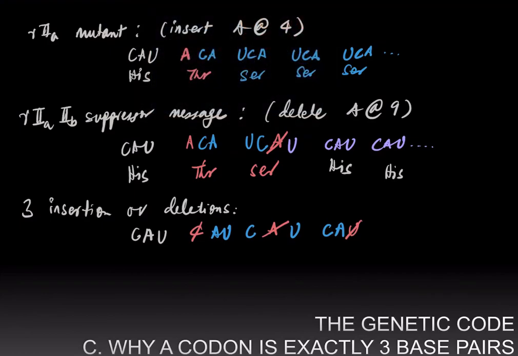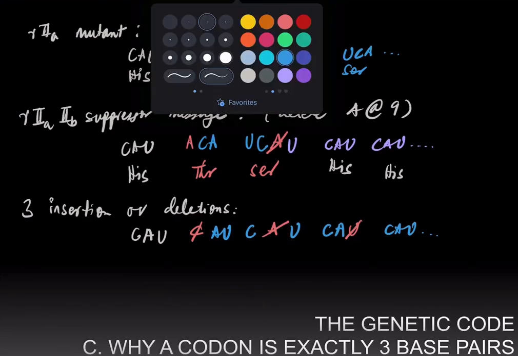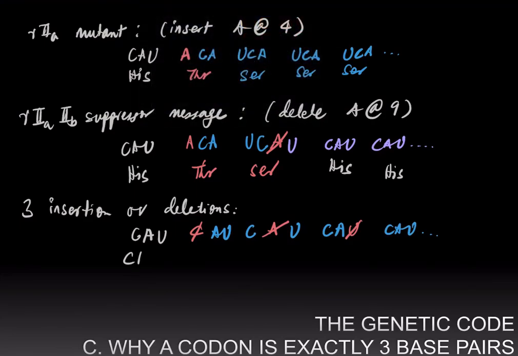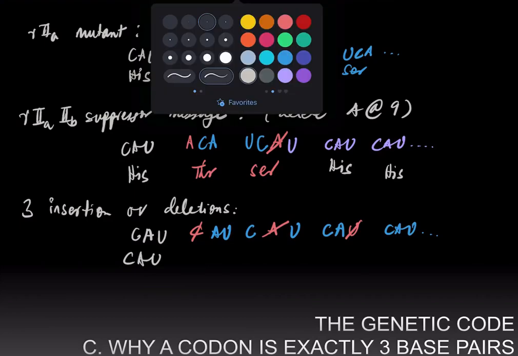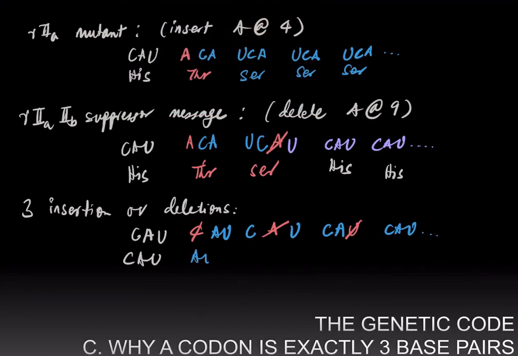And then CAU, and so on. This would result in a message which is CAU, AUC, UCA, but after this third amino acid, the message would revert back to CAU, and so on.